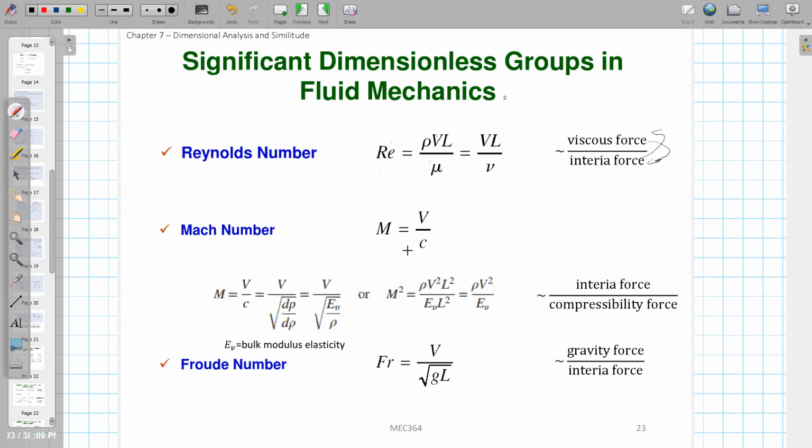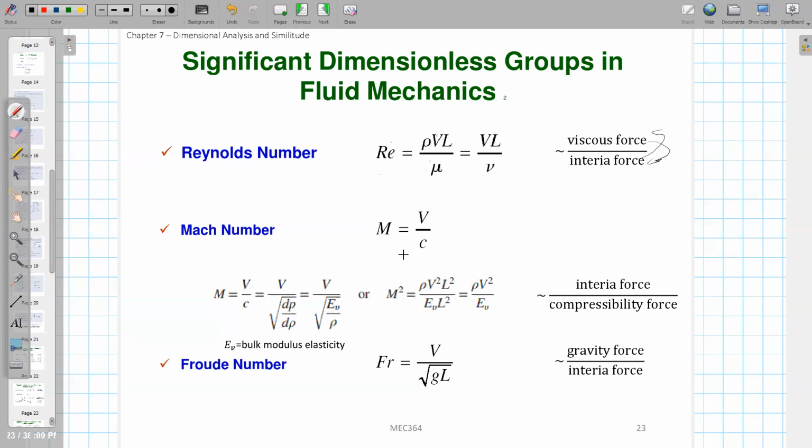You can use the Mach number to determine the flow speed. If the Mach number is smaller than 1, it's subsonic flow, and if the Mach number is larger than 1, it's supersonic flow. If the Mach number is larger than 5 or 10, we even call that hypersonic flow.